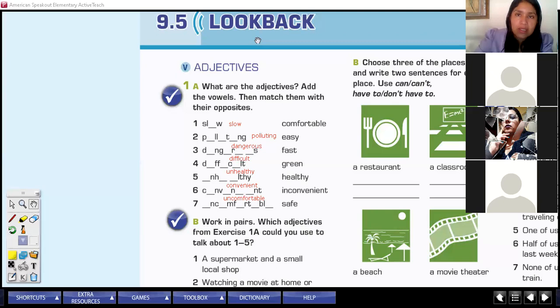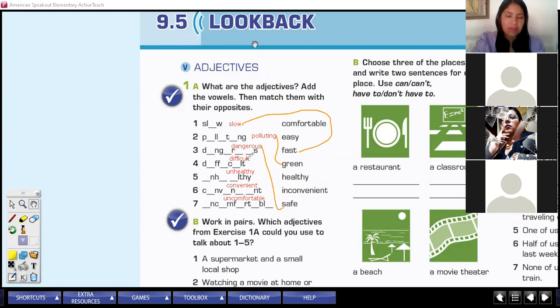Now, let's go and match this exercise. So tell me, guys, what is the opposite of slow? Fast. Fast, very good. The opposite of polluting? Green. Green, very good. The opposite of dangerous is? Safe. Good.